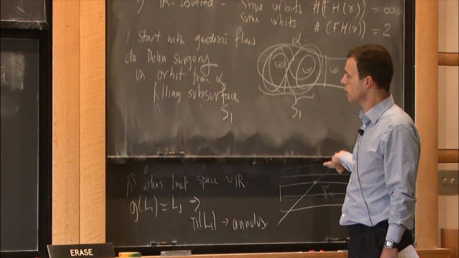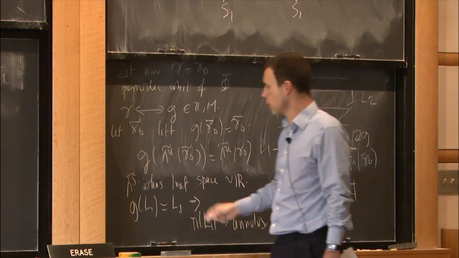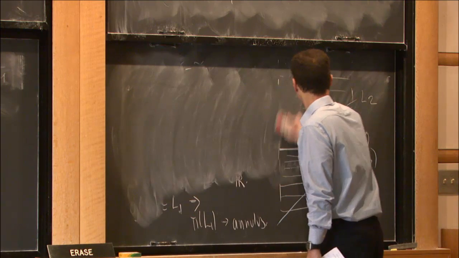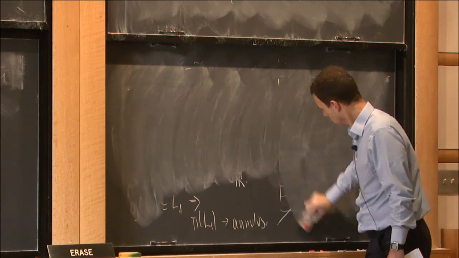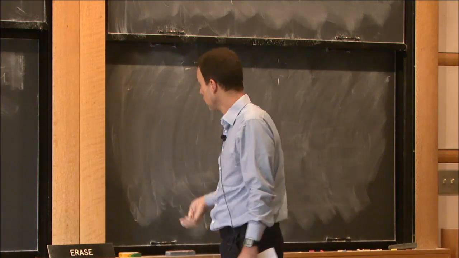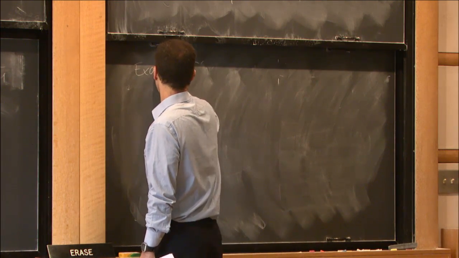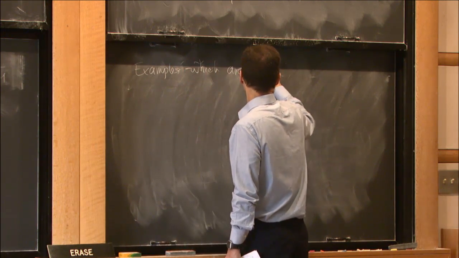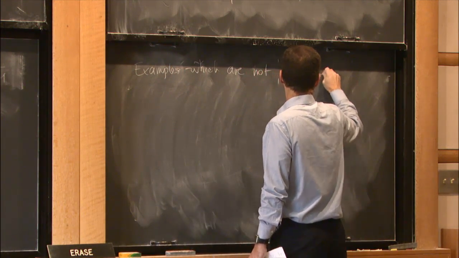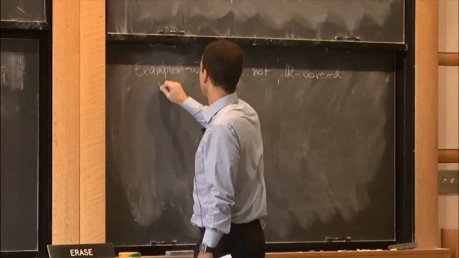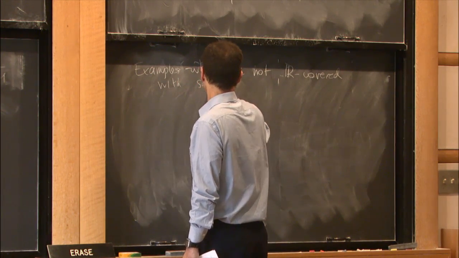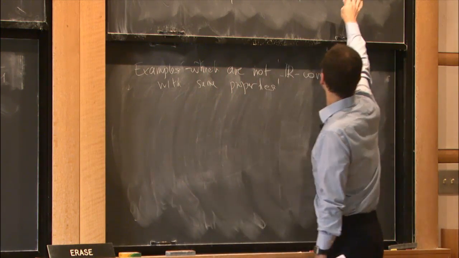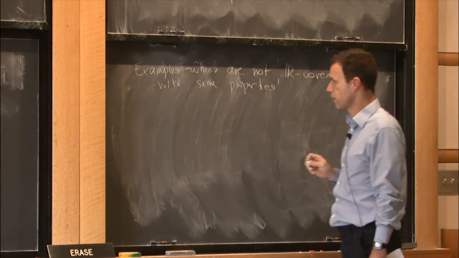Okay. Then there are other examples which are not R-covered. So there are examples which are not R-covered with the same properties as this, meaning some classes are finite, some classes are infinite.